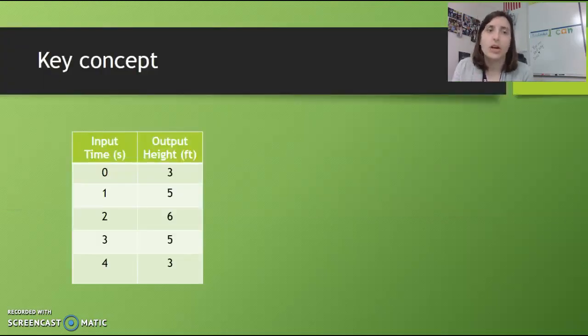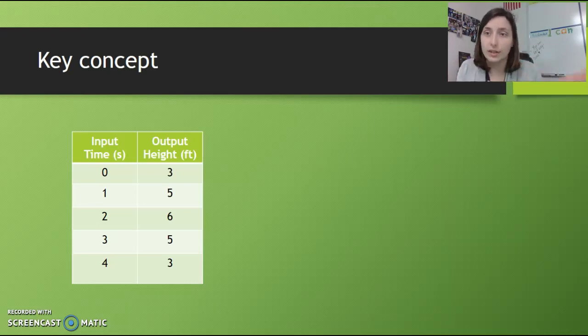So we're going to talk about our key concept, what makes it to where we do not have a linear function, or where we have a nonlinear function. So this table represents a juggler's ball being tossed.